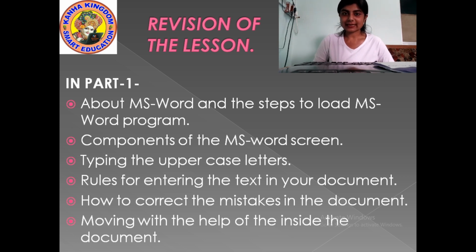Then there is the title bar. What does the title bar show? It shows the name of the document in which you are working, okay. Then there are the minimize, maximize and close buttons.